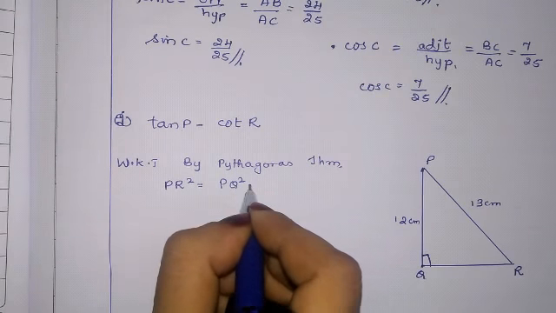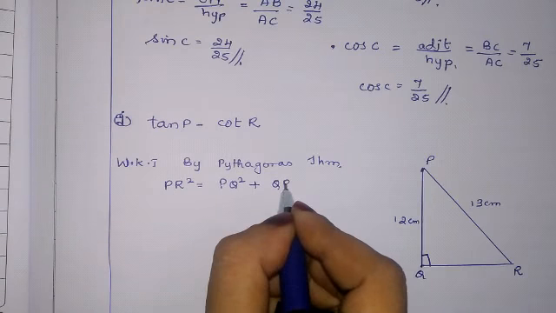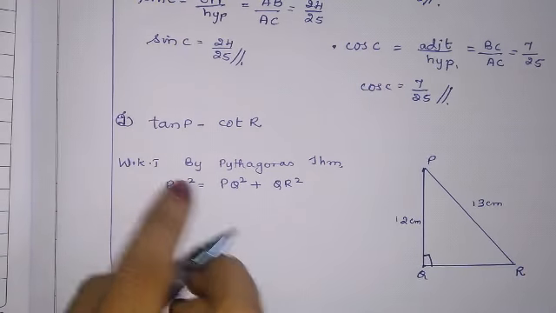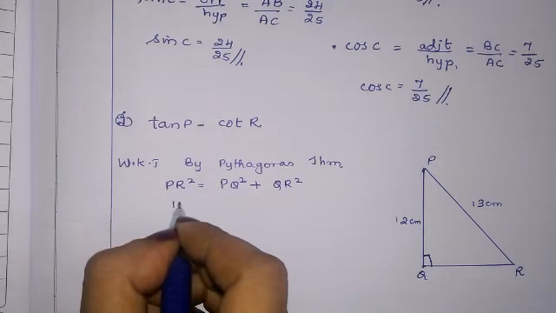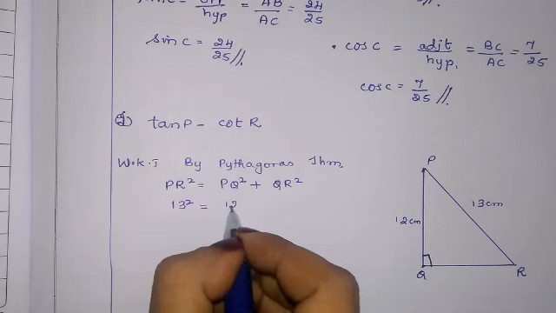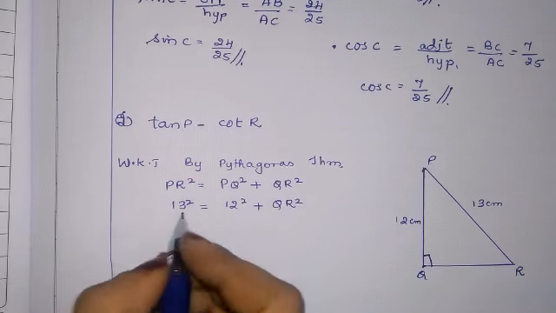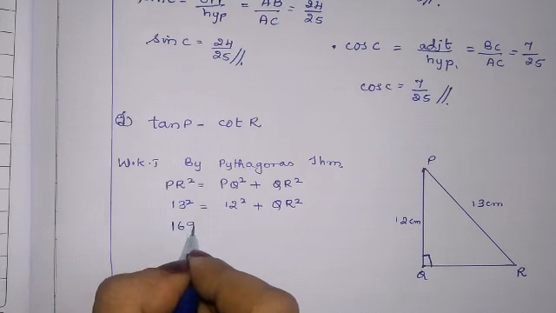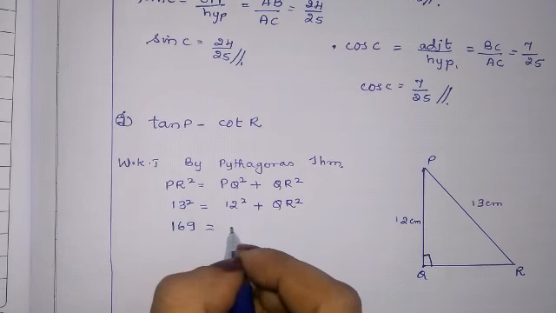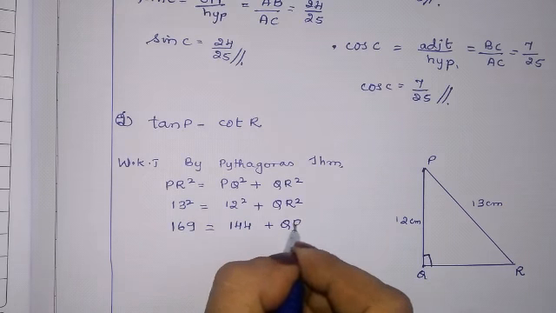PR is 13, so 13 square is equal to PQ 12 square plus QR square, which we don't know. 13 square is 169, which is equal to 12 square, that is 144, plus QR square.